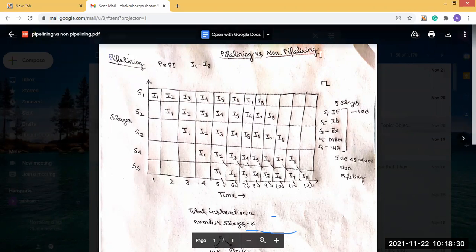So what are these 5 stages? Now, if an instruction comes, at first this instruction should be fetched. Then after fetching, that instruction should be decoded.